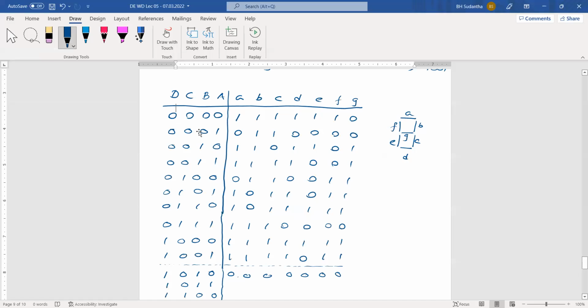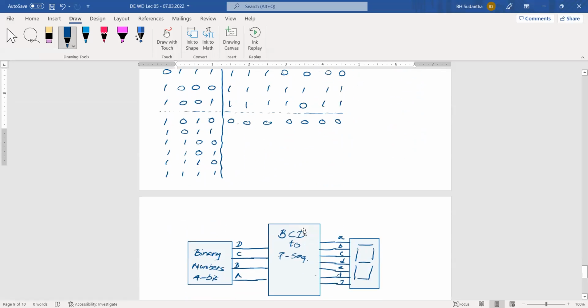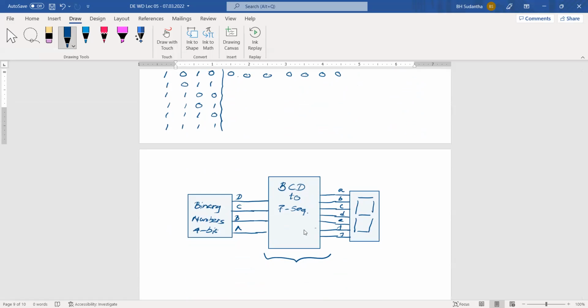Then we have the binary value coded into decimal. When you consider decimal, we can display only 0 to 9. When you say BCD, binary coded decimal, we are handling only 0 to 9 numbers. Then no problem, we can say this is a BCD to 7 segment decoder.